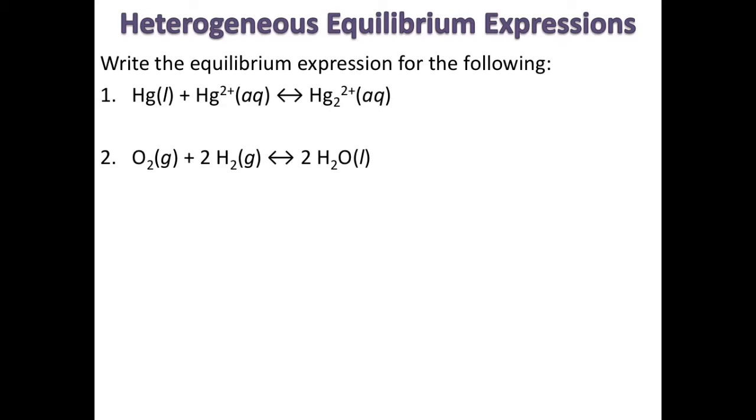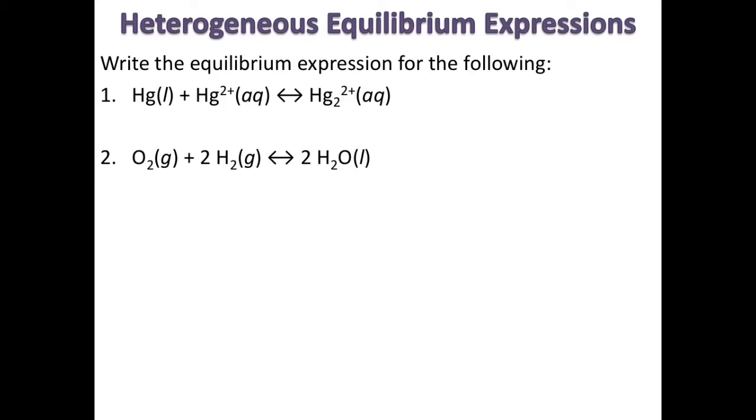Well, let's write the equilibrium expressions for the following. In the first reaction, mercury in the liquid state reacts with the mercury 2 cation to make the mercury 1 cation.